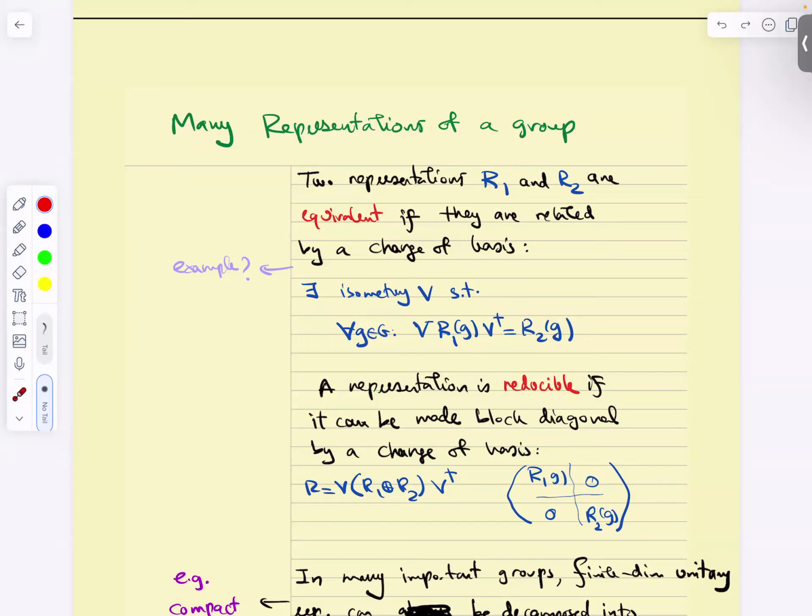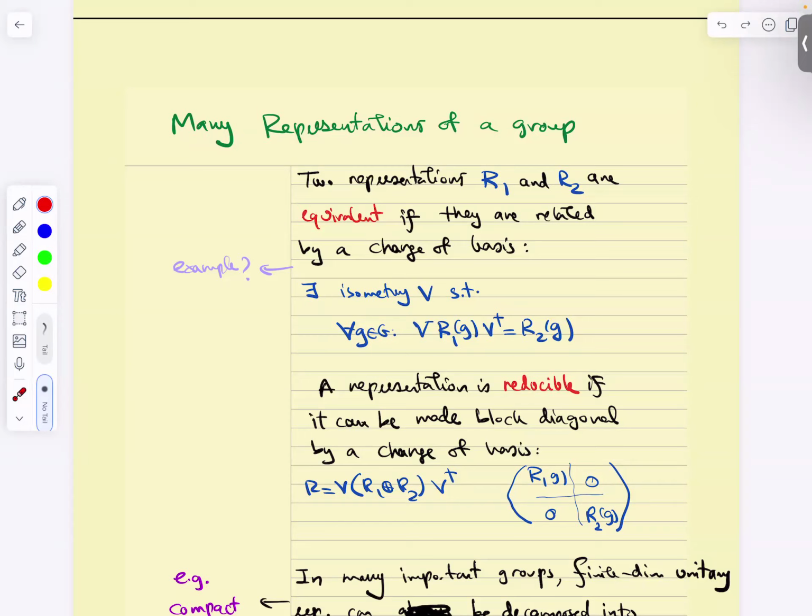If this is to be a representation, this should be equal to R of G1 G2 prime, which is V R of G1 G2 V dagger. How do I get these two to be equal? If this is identical, right? What is the name of an operator V such that V dagger V is identity?